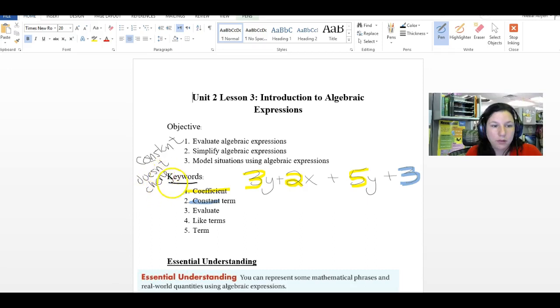So your constants, they don't change, they always stay the same. Your variables, that's the piece that's changing, varying, right? So 3y is not a constant because it has a variable, and that y can represent different values. So maybe in one instance y is 2 or y is 3. So that's varying. Its value is changing. But there's nothing to change the value here. It's just 3 every time. So that's your constant.